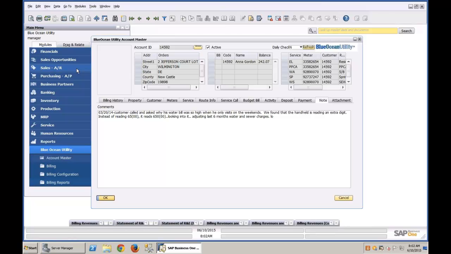I've been focusing so far on the BlueOceanUtility solution. This is part of an overall integrated solution that covers purchasing and accounts payable, banking, inventory, MRP if you wish to use it, and human resources.